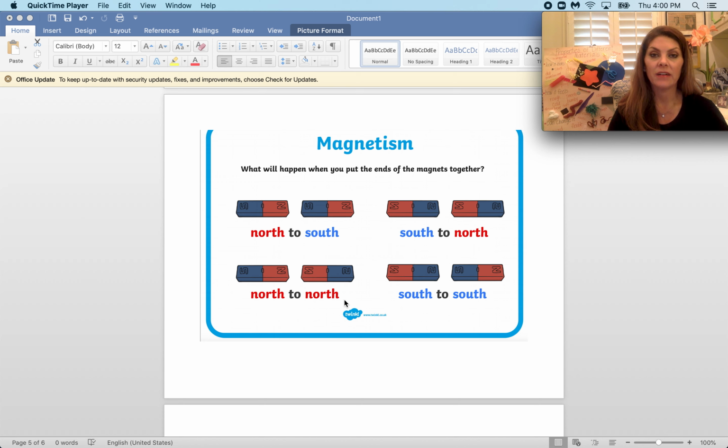Today we talked about how one of those properties can be magnetic, which means the material is attracted to either iron, nickel, or cobalt. And magnets have a north pole and a south pole. A north pole coming together with a south pole attract each other, and a north pole coming together with a north pole repel each other.